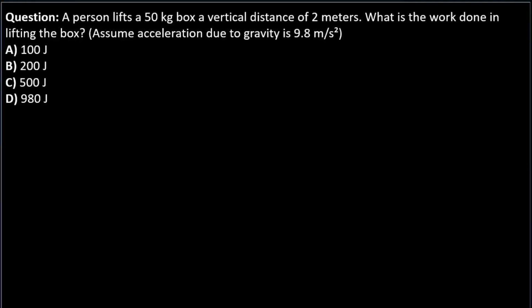Our first problem is: a person lifts a 50 kg box a vertical distance of 2 meters. What is the work done in lifting the box? Here F equals mass times gravity.